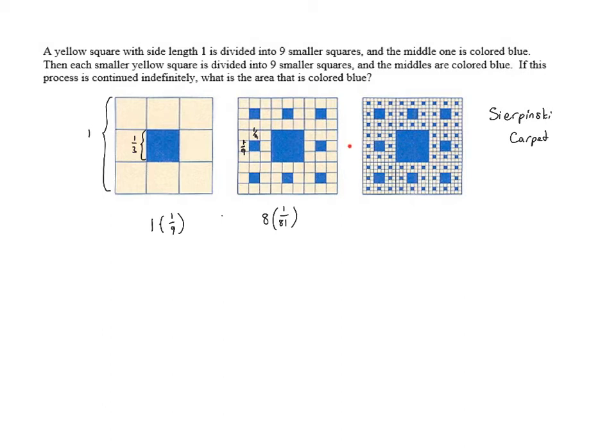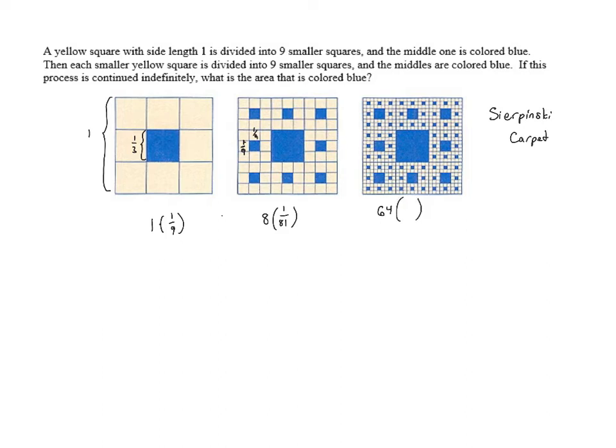Then, if we look at the next iteration, remember there were 8 of these smaller squares around the edge. And in each of those, notice that there are 8 new tiny blue squares. So in this third step, we have 64 of these very tiny blue squares.